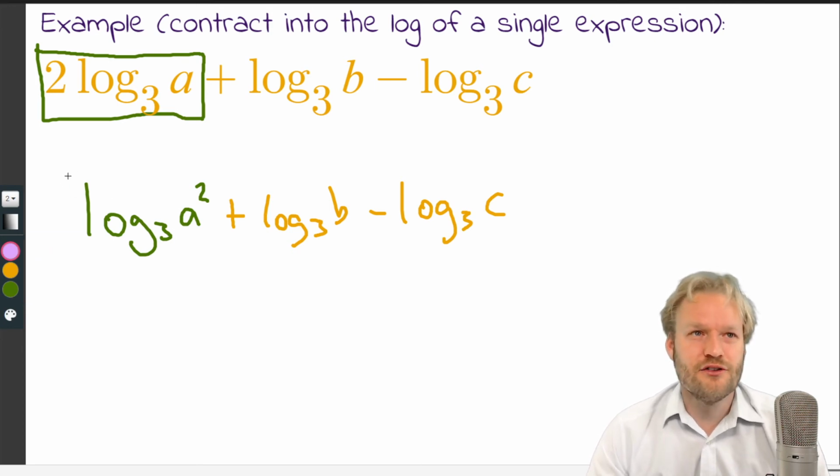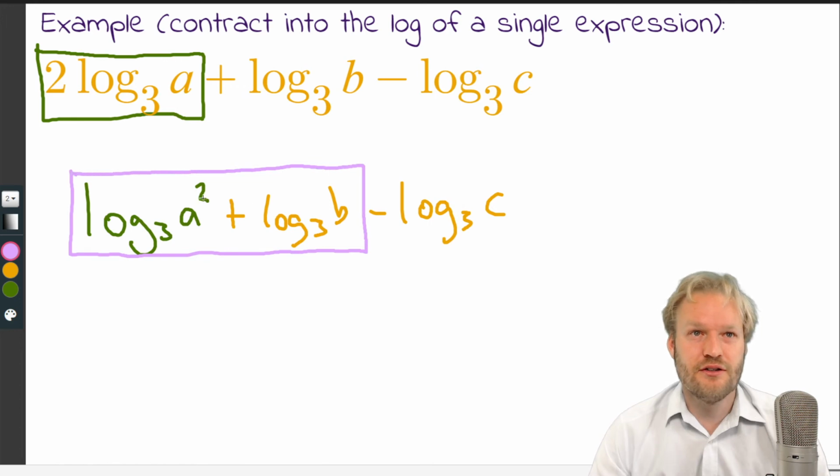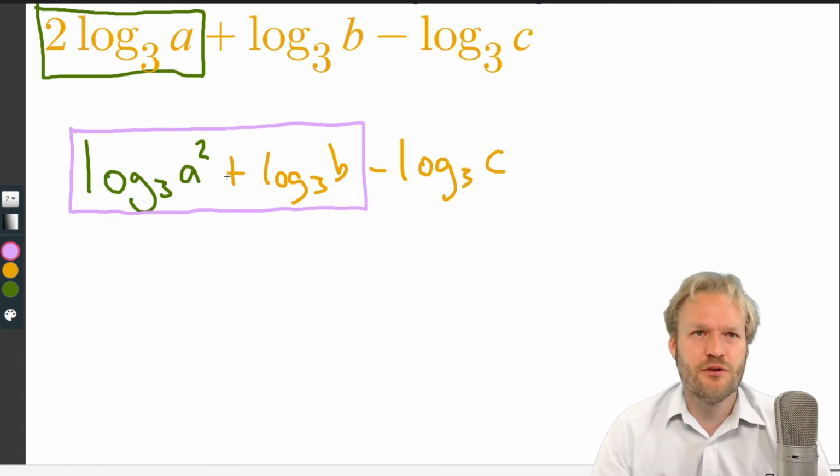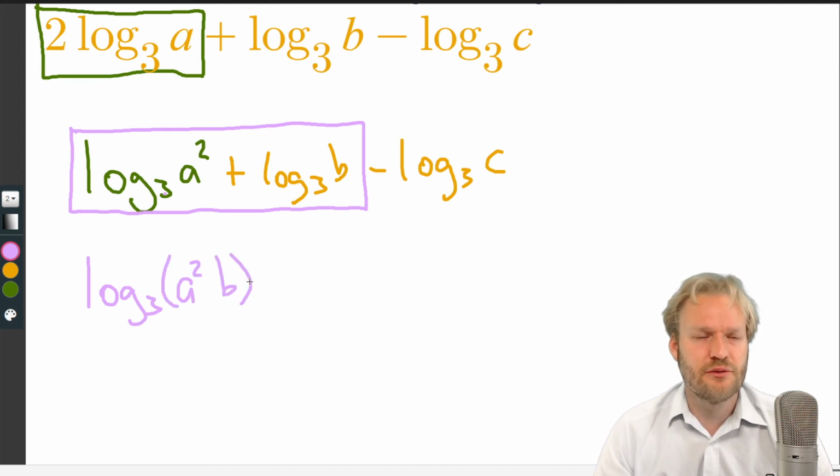Definitely do this in 2 steps now. We're going to do this part here and say, okay, well, we're adding. So we're adding 2 logs. So our base stays the same. So we're going to go a squared b. I'm going to put in brackets just to make it clear. So if we're multiplying inside the bracket here, it would have become plus. If we're adding 2 logs, it's going to become that.